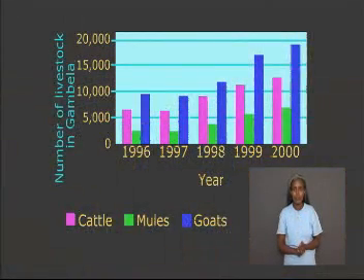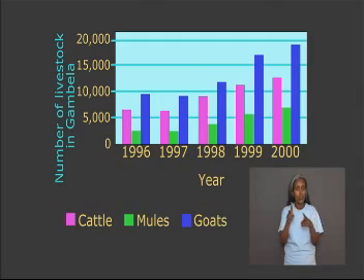Hello again, students. How did you do? You should be able to tell by looking at the graph that every bar is getting higher and higher each year, which means the number of livestock is increasing every year.